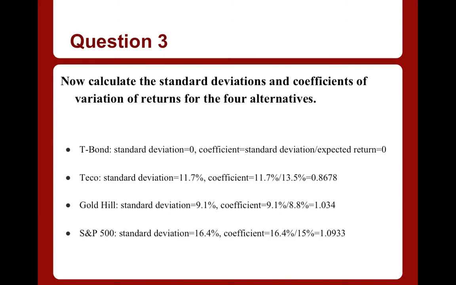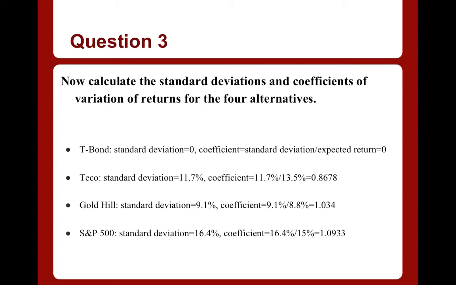Question 3. The T-bill's standard deviation is 0, and the coefficient is 0. TICO's standard deviation is 11.7%. Coefficient is 0.8678.